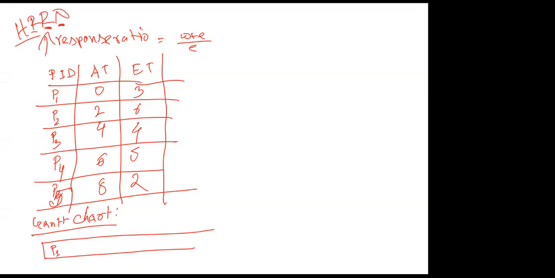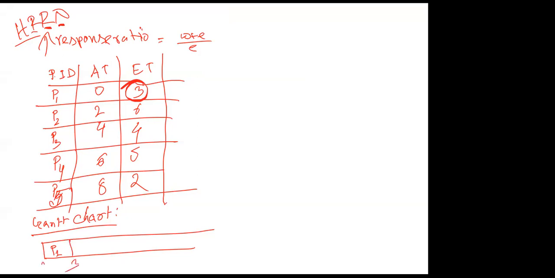As I mentioned earlier, this is a non-preemptive scheduling algorithm, so your CPU cannot preempt this process until it completes its execution. It takes 3 units of time, so process P1 will complete here.